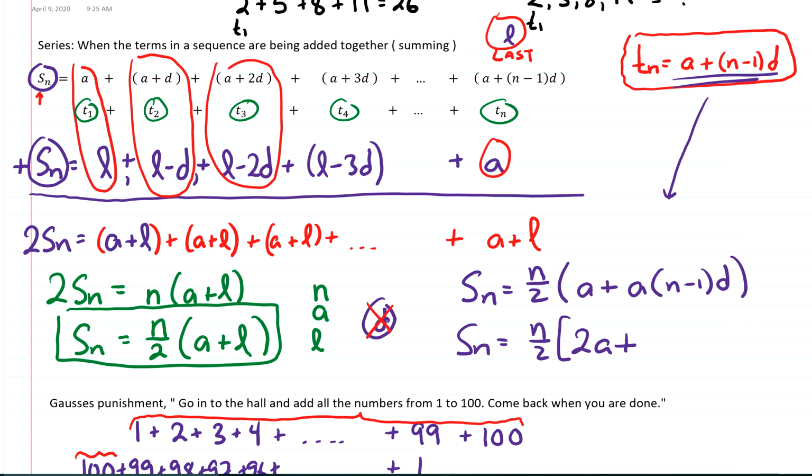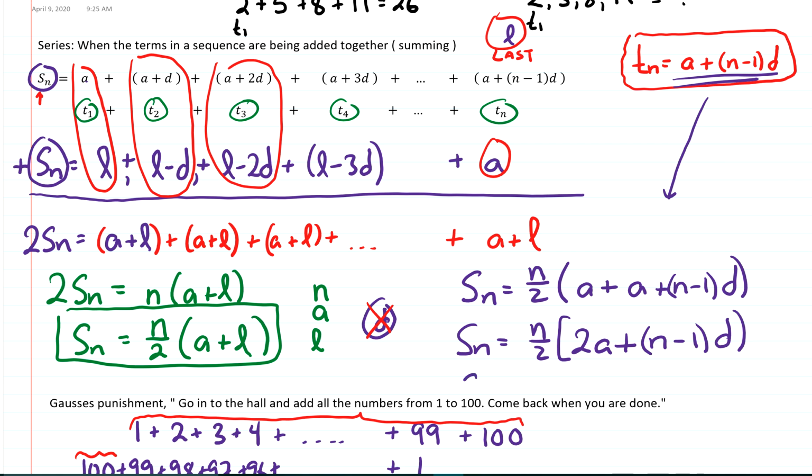Sorry, let's get rid of this thing here. That's A plus n minus 1 D. So we have 2 A's plus n minus 1 D. And that formula would be really useful if you knew the n and the A and the D values.